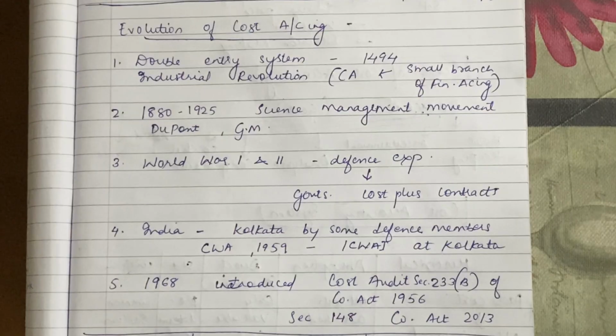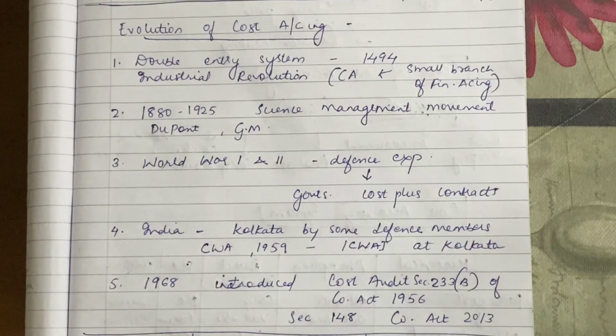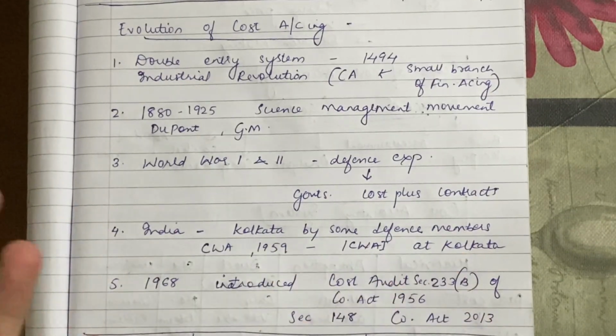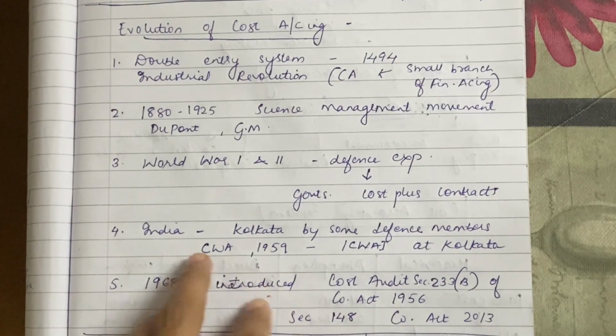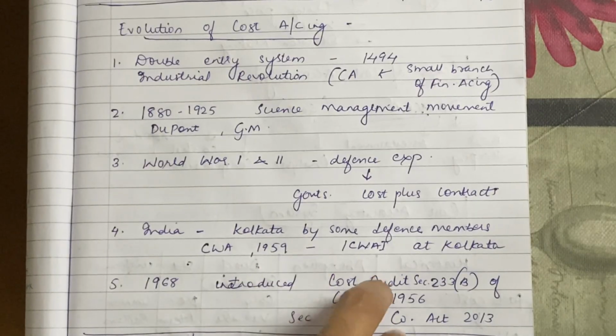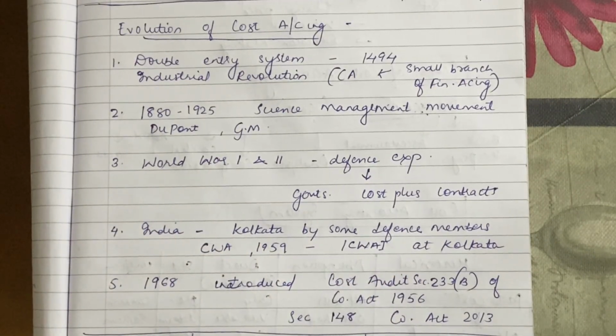In India, prior to independence in 1947, there were a few cost accountants who were qualified from ICMA London Institute. But as World War One and Two happened, the need for developing this profession arose, as some of the defense members used to stay in Kolkata. So they formed the Cost and Works Accountants of India Act 1959, earlier known as ICWA.